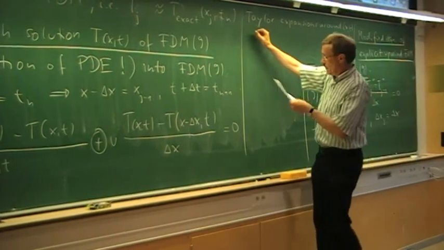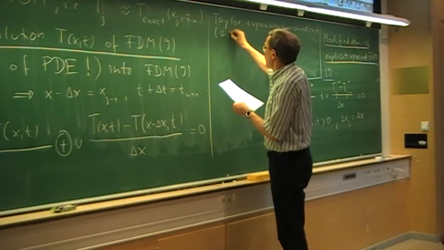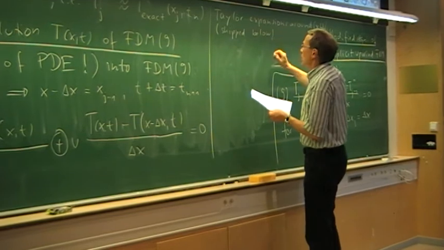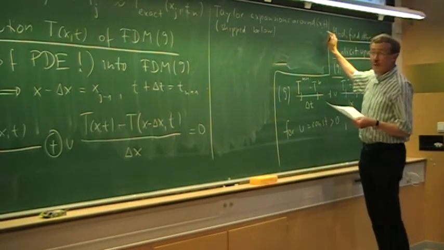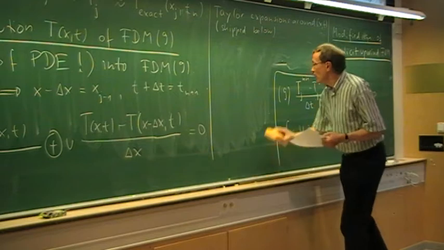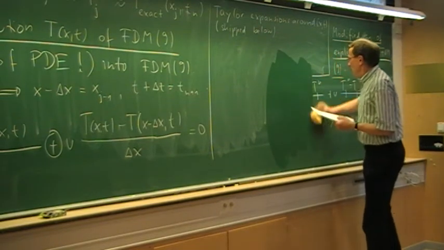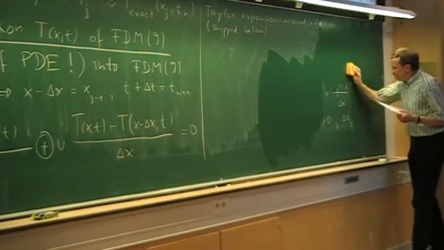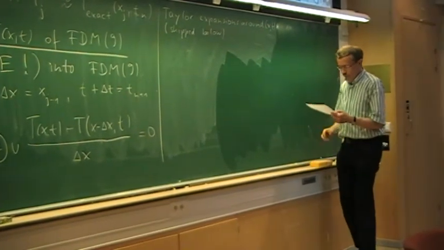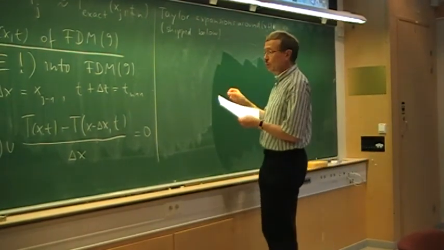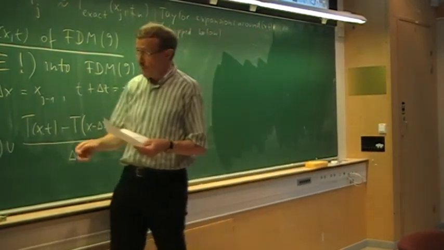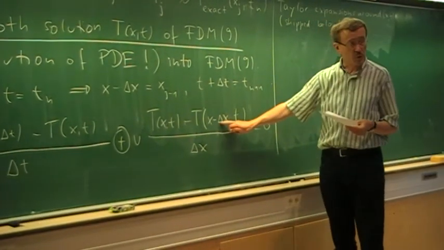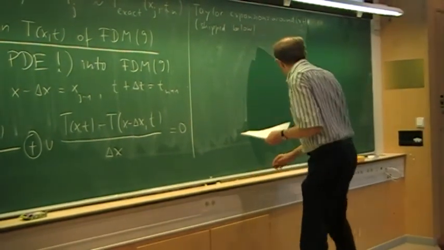When we have any function, and also any derivative, we assume that it is evaluated at x,t. So then we have the following. We need a Taylor expansion here for time, and we need a Taylor expansion here for space.